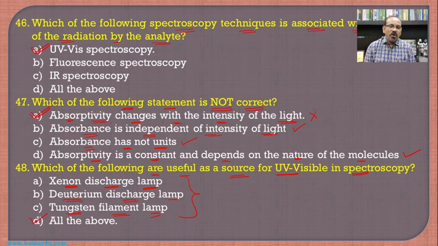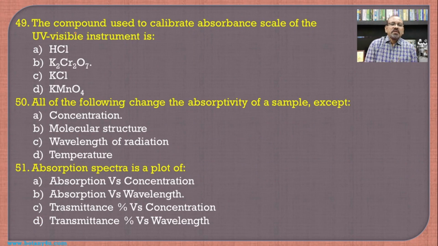So all the above becomes the answer for this question. The compound used to calibrate the absorbance scale of the ultraviolet visible instrument, and you should remember this, is potassium dichromate.